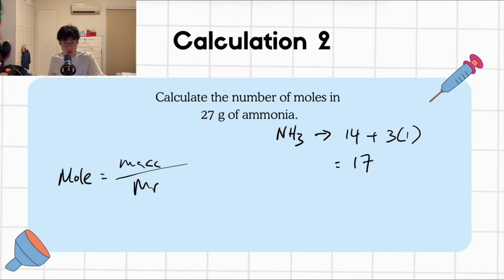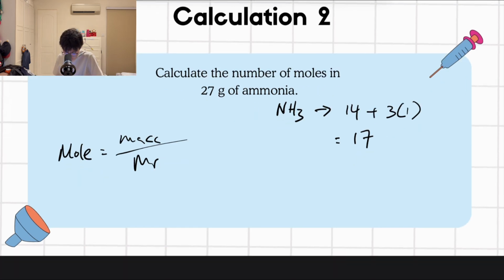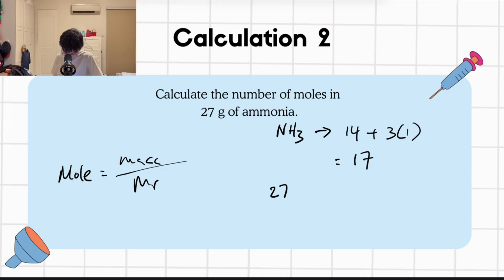If we want to calculate the moles present, we compare the numerical value of the mass present and the MR. We know that there are 27 grams of ammonia, and the MR of ammonia is 17. We know that at 1 mole of ammonia, the MR would equal the mass of ammonia.